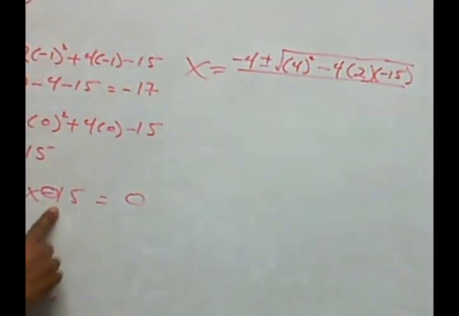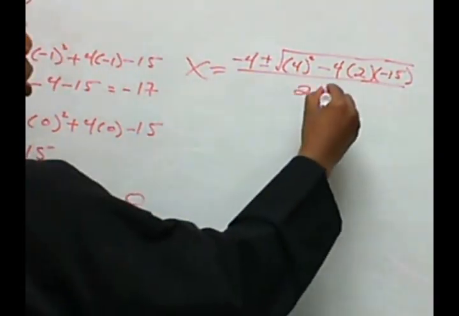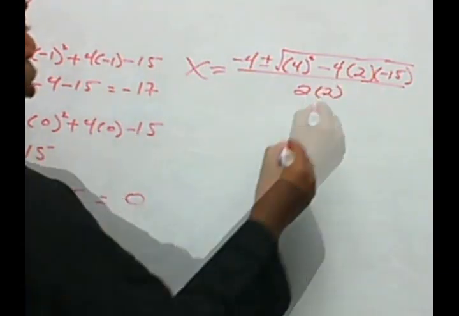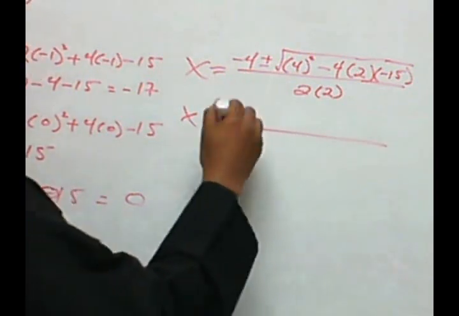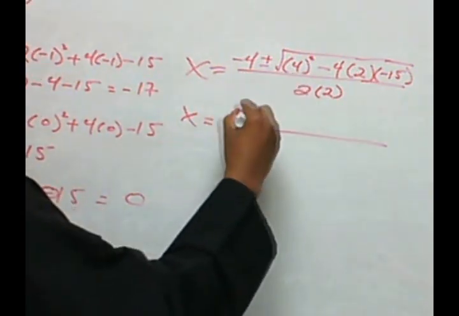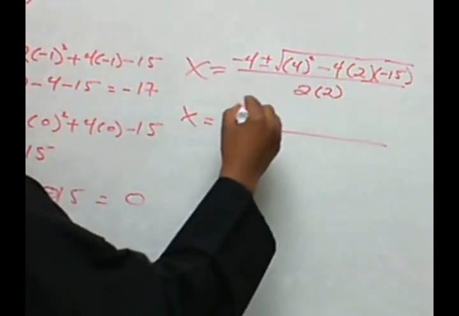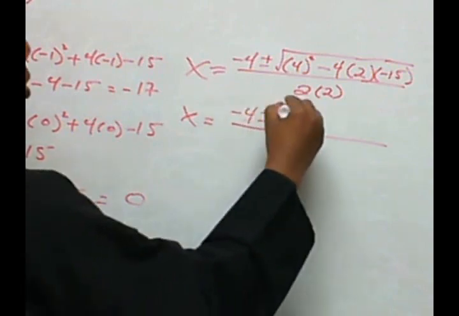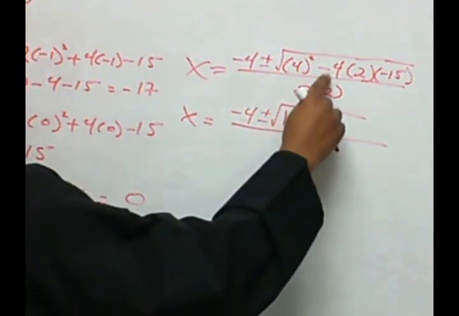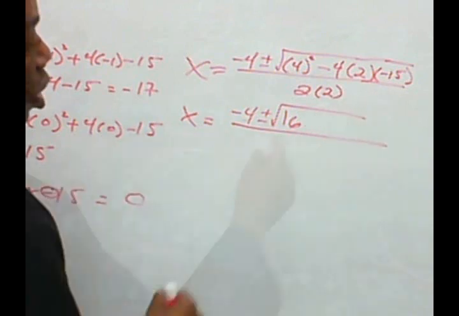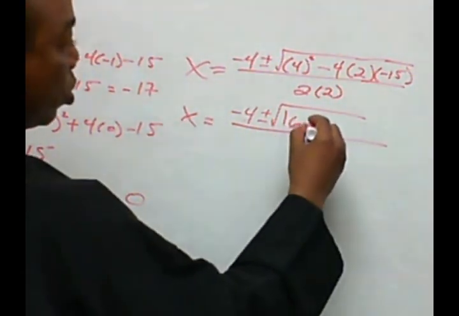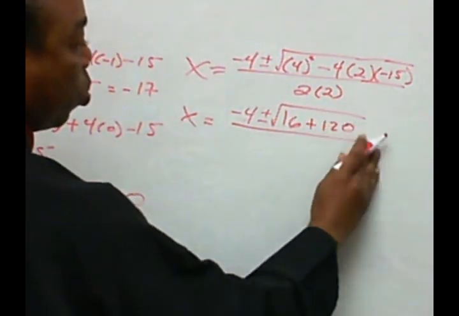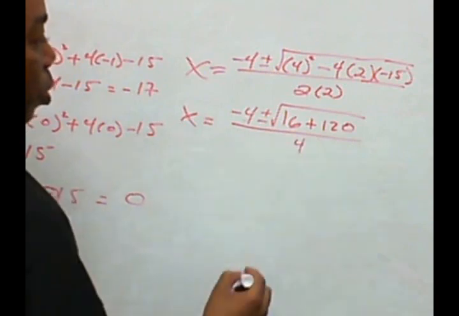C is -15, and all divided by 2 times a, which is 2. First, let's do our powers. So 4 times 4 is 16. And then -4 times 2 times -15 will be, let's see here, 3 times 4 is 12, so 120, all over 4.